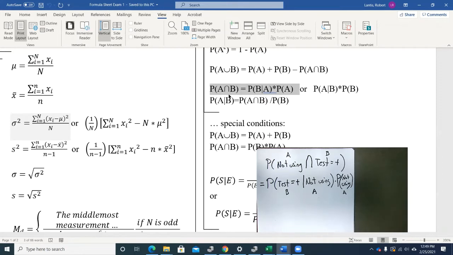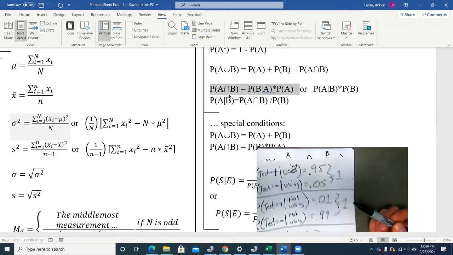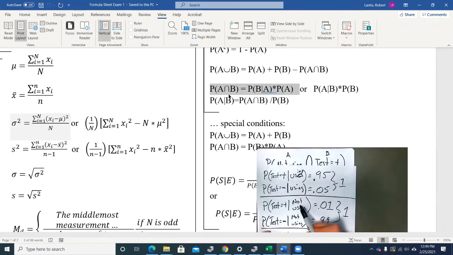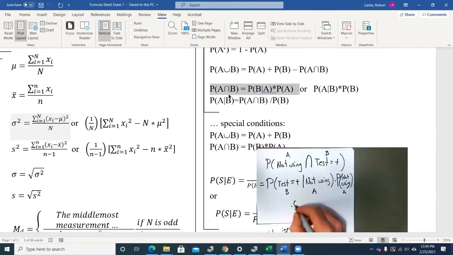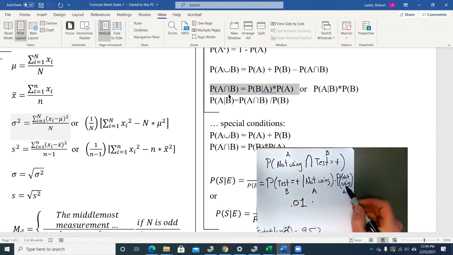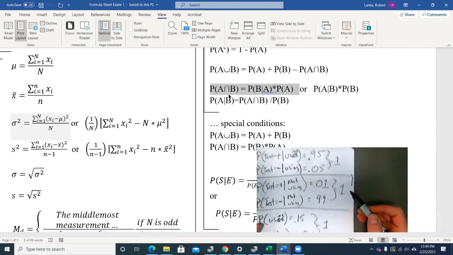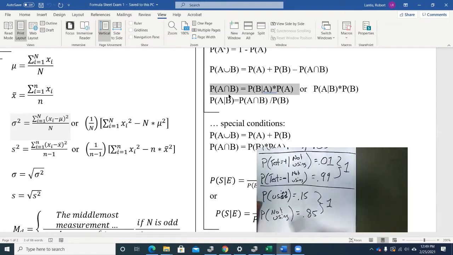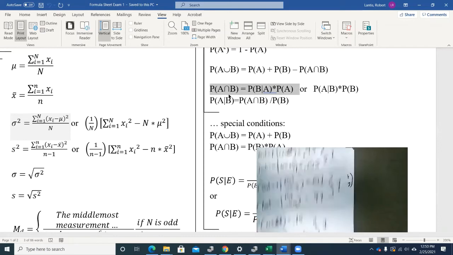At this point, once we have it written down, we just go back. Okay, what's the probability that someone's not using, given that they're not using, probably the test comes back positive? Well, given that they're not using, the probability the test comes back positive we had was 0.01. And then what's the probability they're not using? I look here, it's all the way down here. The probability they're not using was 0.85, right?